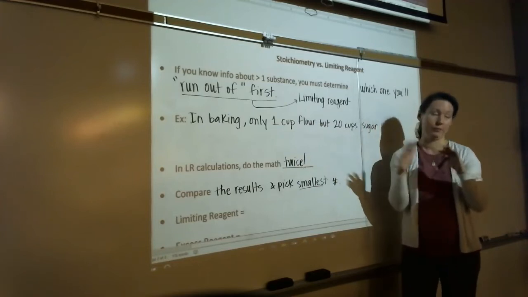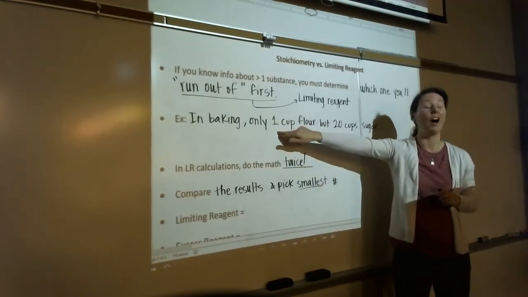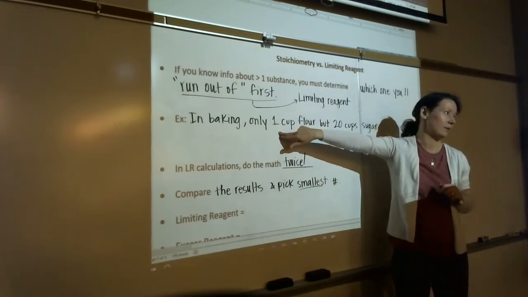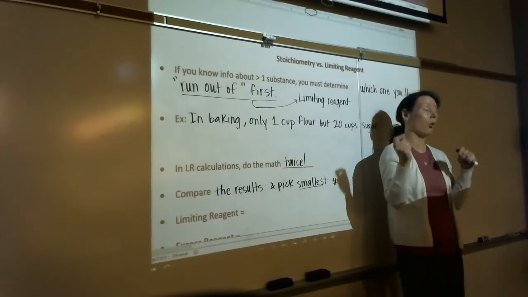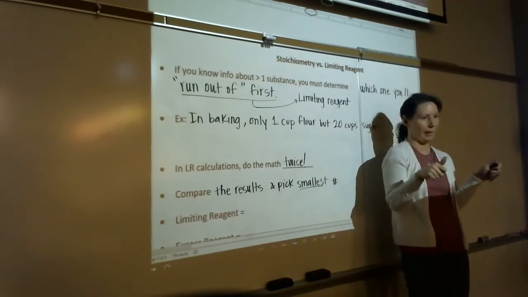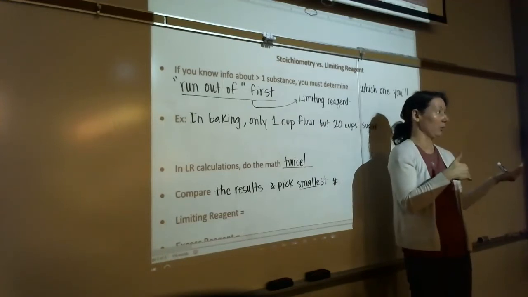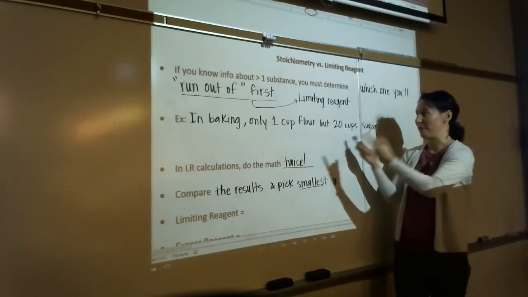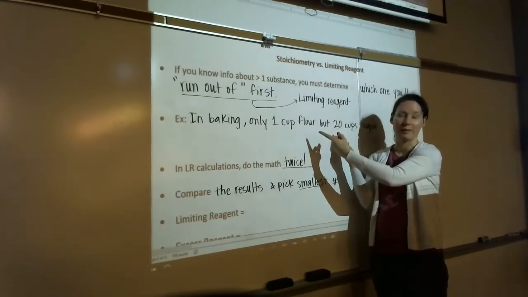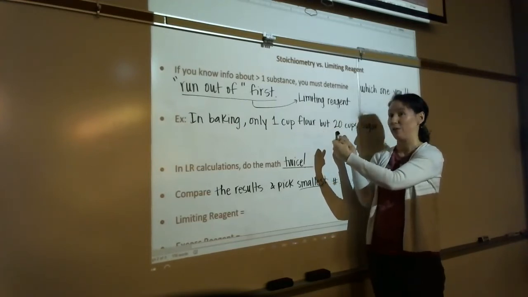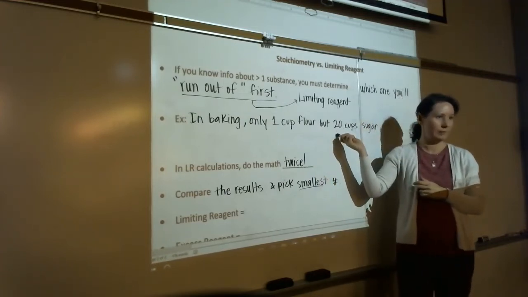And by the way, let me just throw this out there. The smaller number is not always the limiting reagent, because limiting reagent calculations are based on mole ratio and molar mass. And that's where baking deviates from chemistry. Because when I'm baking, I'm not dealing with mole ratios here. I'm not dealing with molar masses. If the molar mass of this one is significantly huge, this one might be the limiting reagent. Okay?